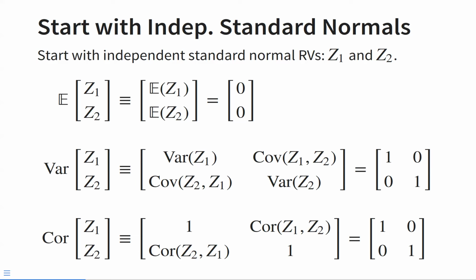That's because Z1 and Z2 have 0 covariance. And because they have 0 covariance, they also have 0 correlation. There is no difference here between the variance and correlation matrices, because these two random variables are both variance 1. So the covariance matrix and the correlation matrix in this case are both the identity.